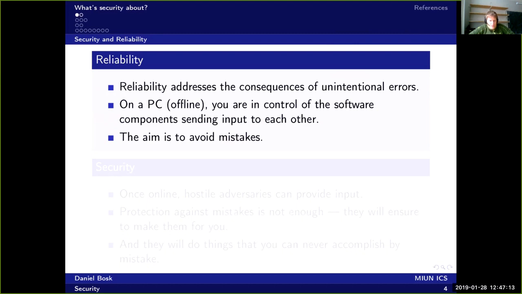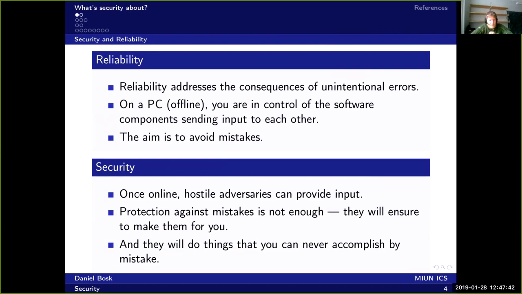So the aim here is to avoid mistakes, because usually you don't attack yourself on your computer system. You don't try to ruin things for yourself. So there is no point in trying to prevent such malicious input. So the idea here for reliability is to avoid common mistakes that can cause problems.